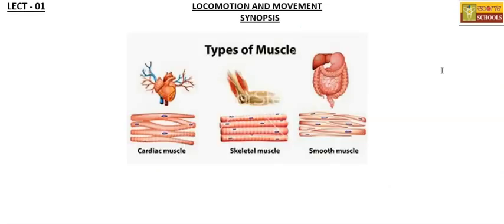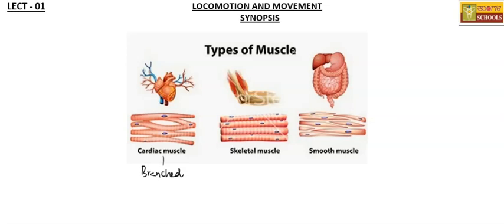So here is the picture. I am showing the three types of muscles: the cardiac muscles, skeletal muscles, and smooth muscles. You can see the cardiac muscles in this picture are branched.